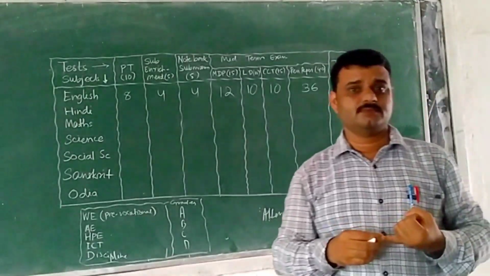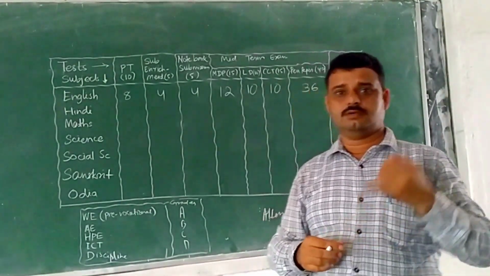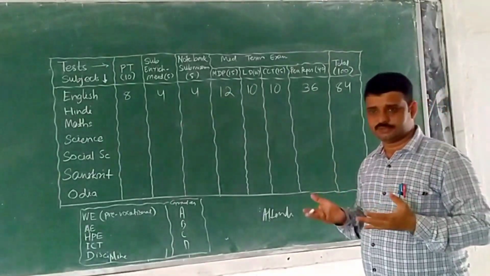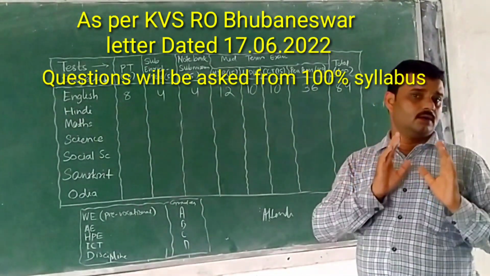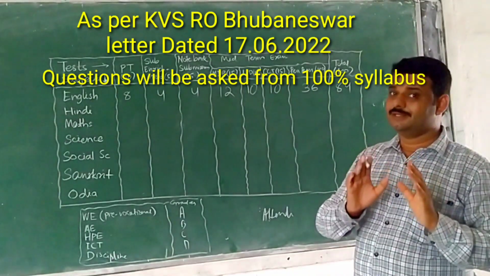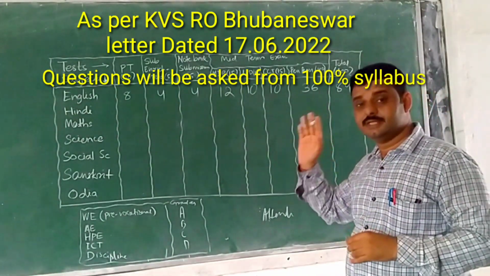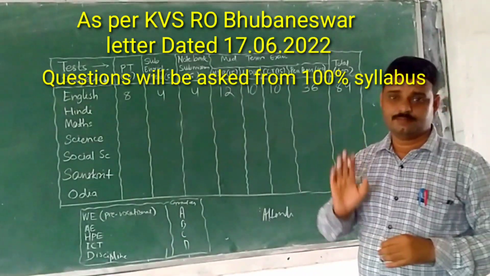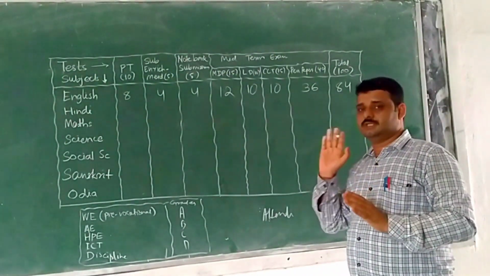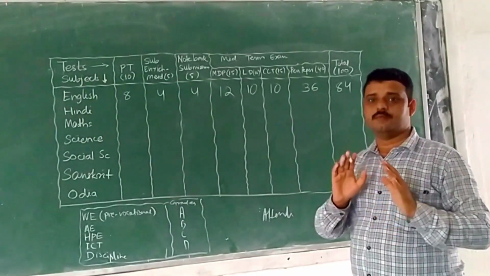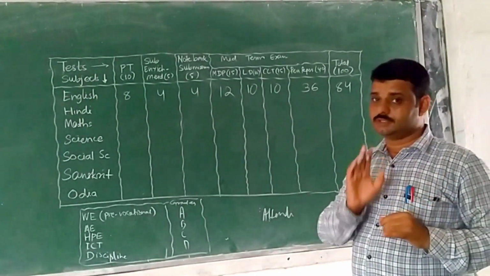I think it is 10% for class 6, or 20% for 7, or 30% for 8. So this will be your term 1 assessment structure, and that will be repeated in the second term. So I believe you have understood this description, and you'll have no more doubt about your assessment structure.